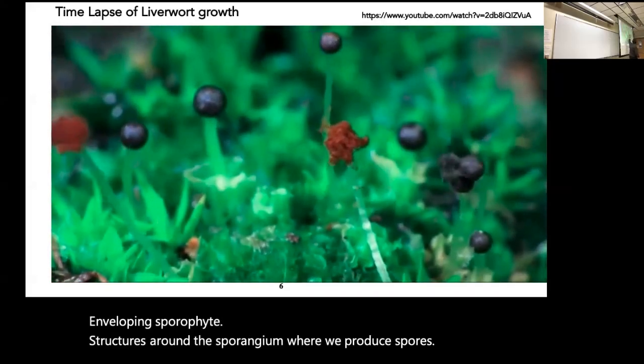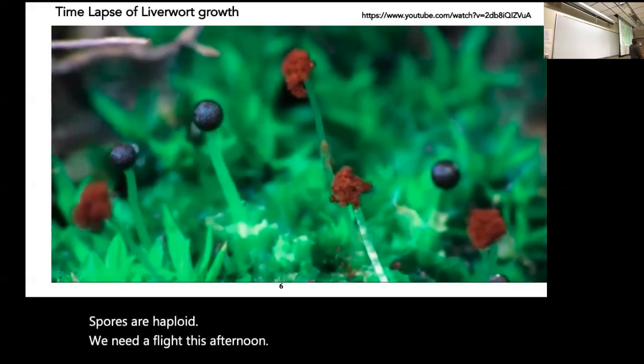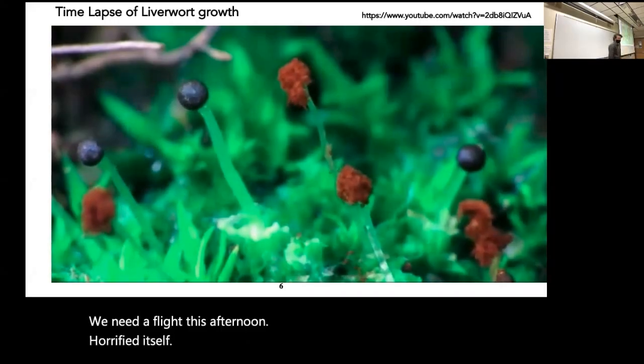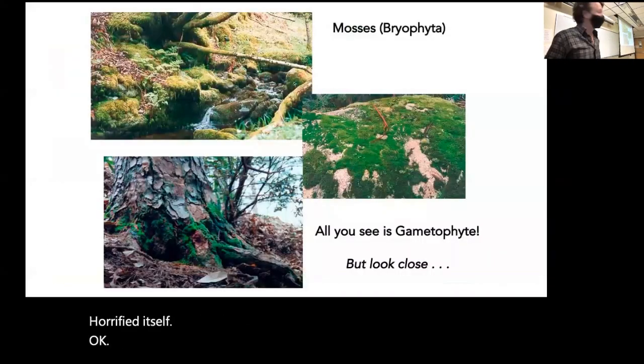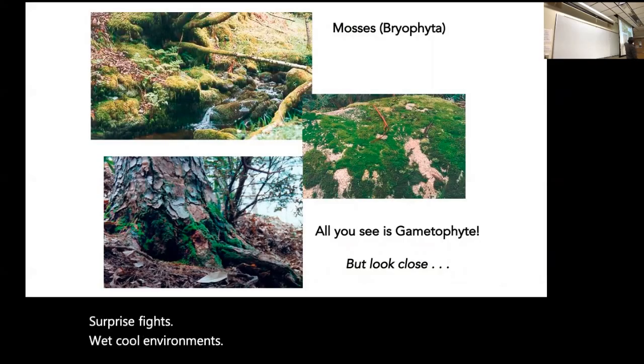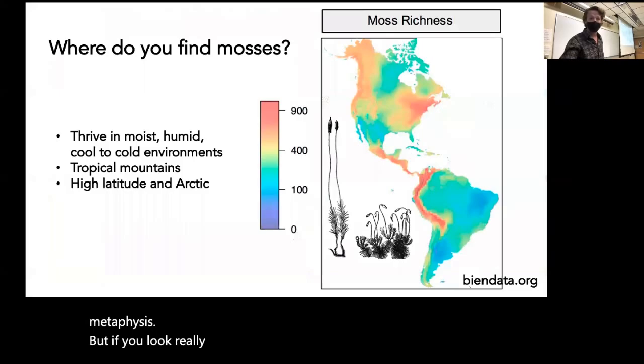Spores are haploid, the gametophyte is haploid, but the sporophyte itself is diploid. So bryophytes, wet, cool environments, liverworts, mosses, all that green stuff, all you see is gametophyte. But if you look really close, you tend to see the sporophyte.